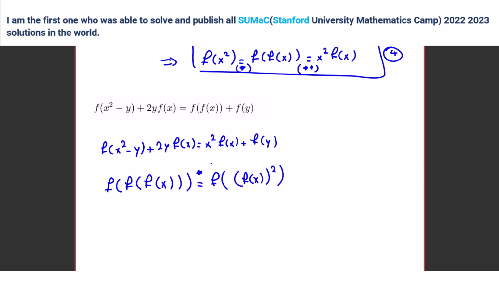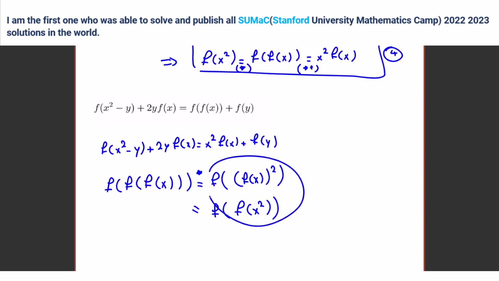I'm turning f of x into f of x squared. I applied f to this part. But you said you want to apply it to this one, right? Yes, the inside. So we can say also it is equal to f of x squared times x squared.